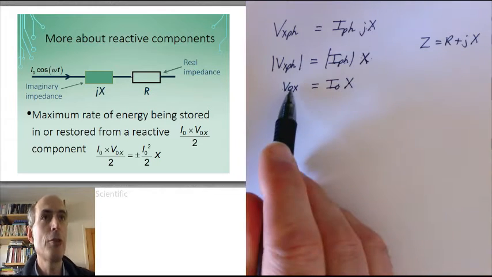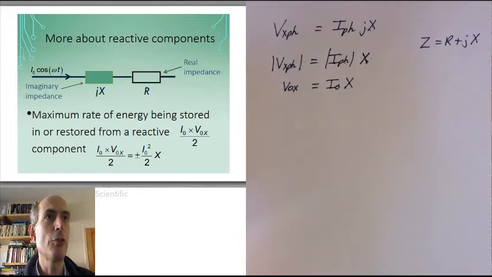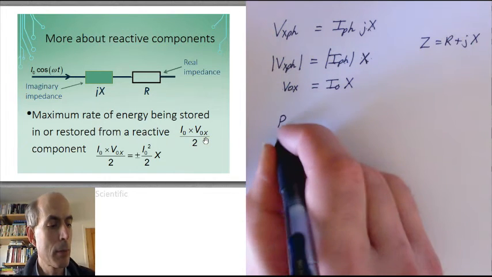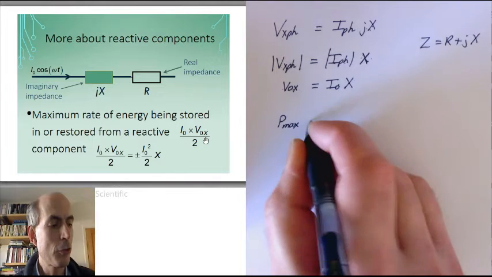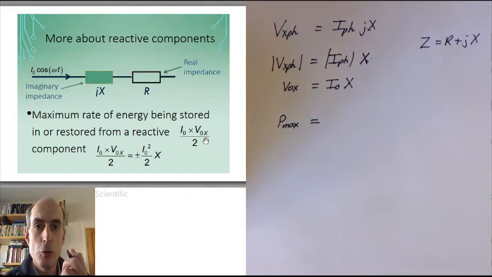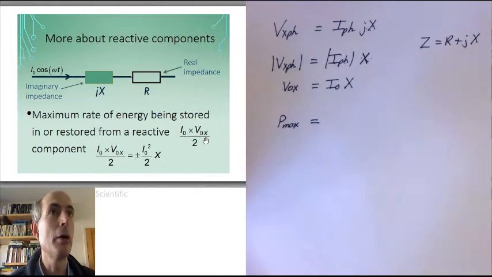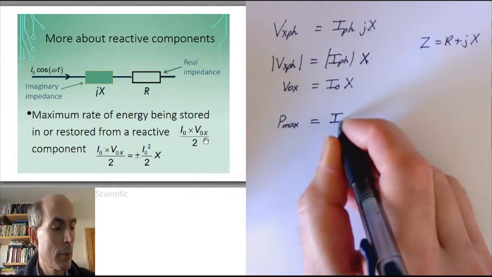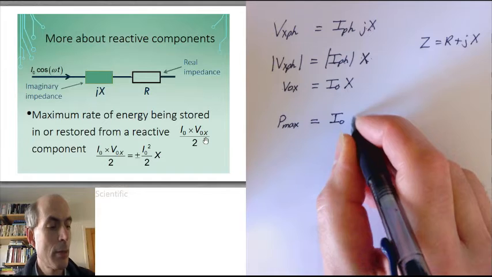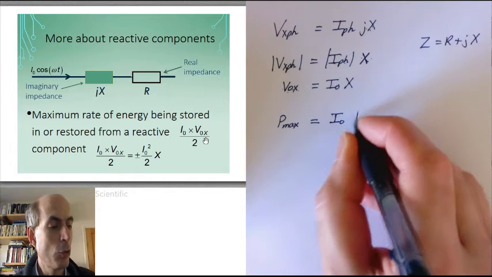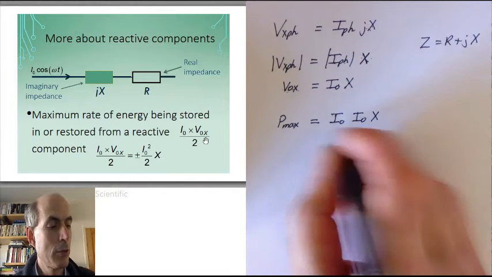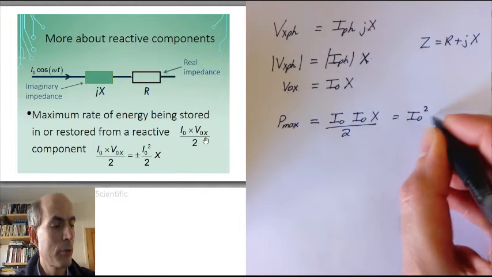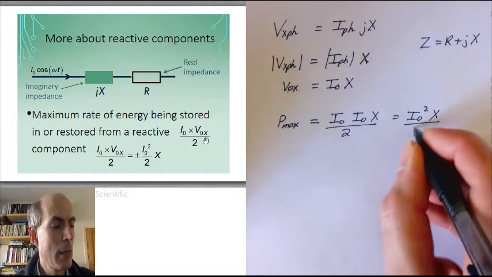So this gives me this formula here. I can substitute in for V0X into this formula here and get that the maximum power, that's the maximum instantaneous power being absorbed or returned to the circuit by this component, will be I0 times V0X, which is I0 times X divided by 2, or I0 squared times X over 2.